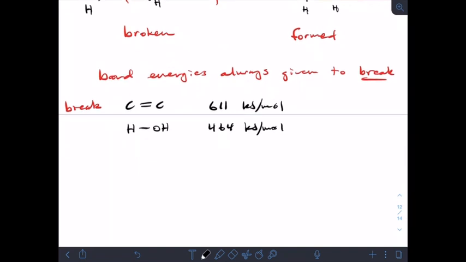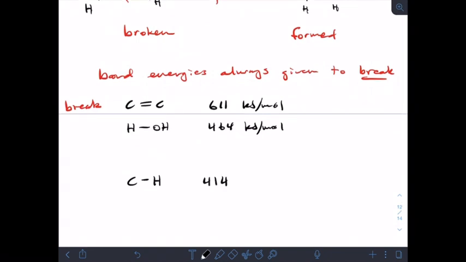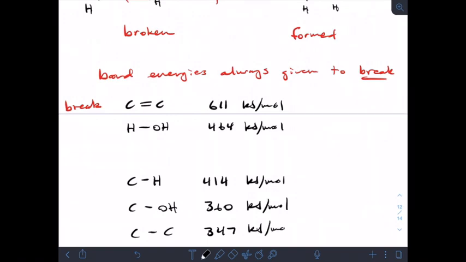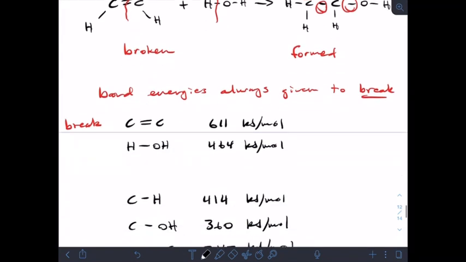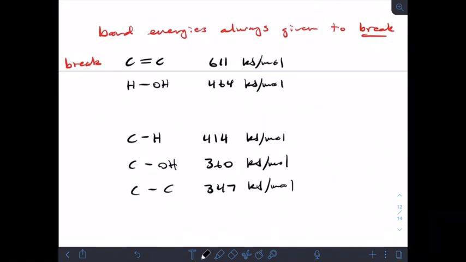Okay? And then we keep looking on the table and we find the energy to break a CH bond is 414. The energy to break a COH bond is 360. And the energy to break a CC bond is 347. But remember, we want to form these bonds, the CH and the CC and the COH.